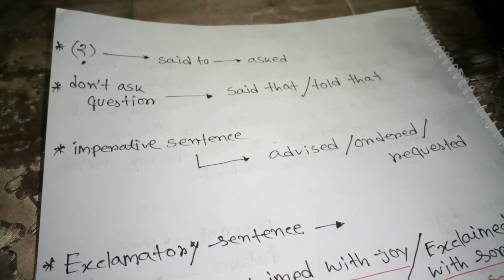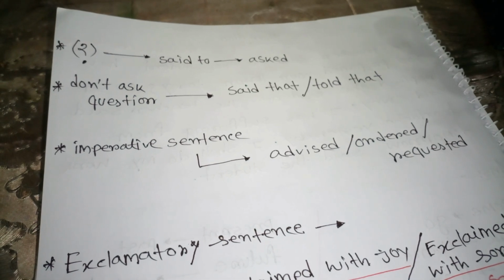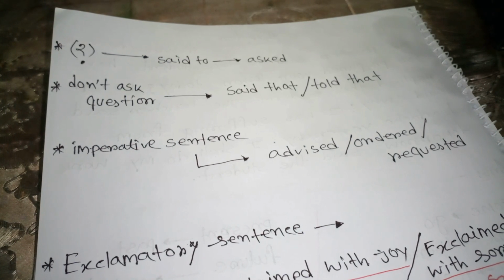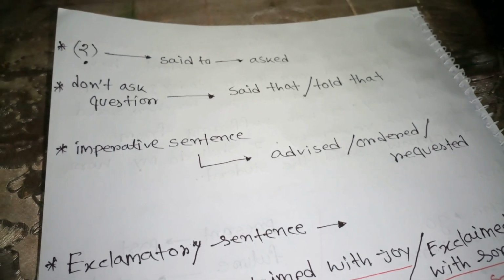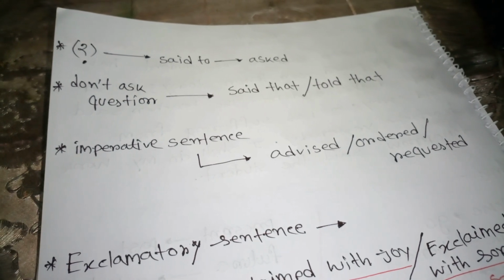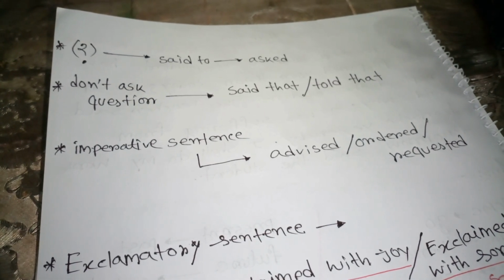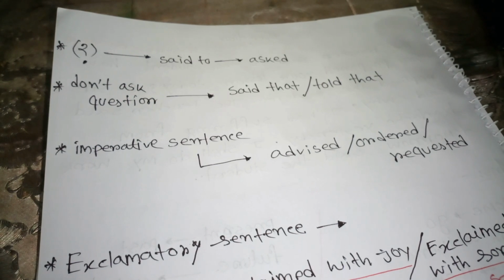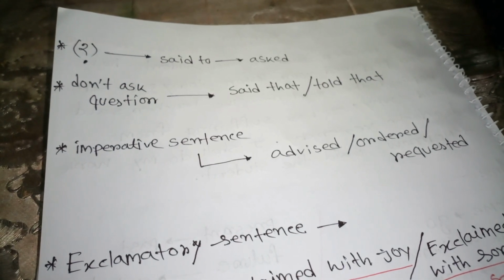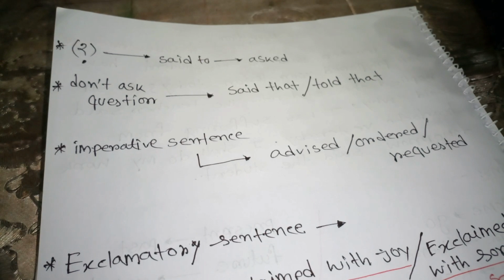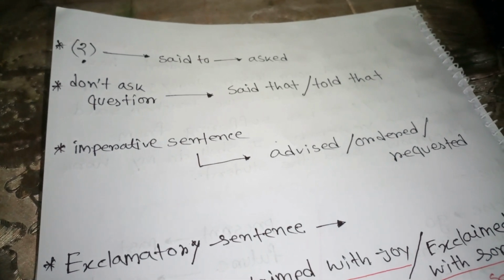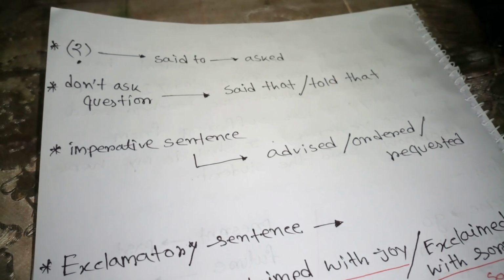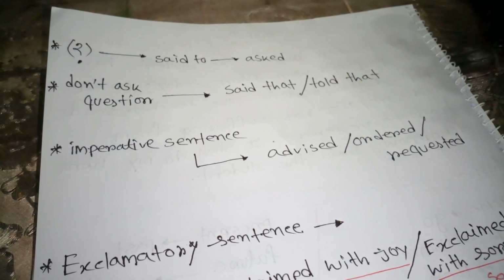And if the sentence is an imperative sentence, how can you realize that it is an imperative sentence? If I say briefly, whenever you solve your question, you have to realize that the sentence starts with a verb. If the sentence starts with a verb, you can realize that it is an imperative sentence. So you have to choose this kind of verb: advised, ordered, and requested.